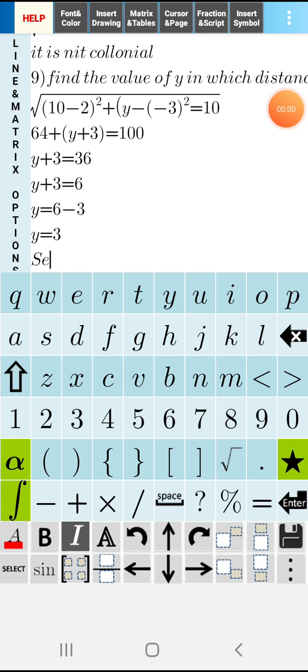Now we were solving by using the distance formula. Next is the section formula, by using which we are going to solve the sum.